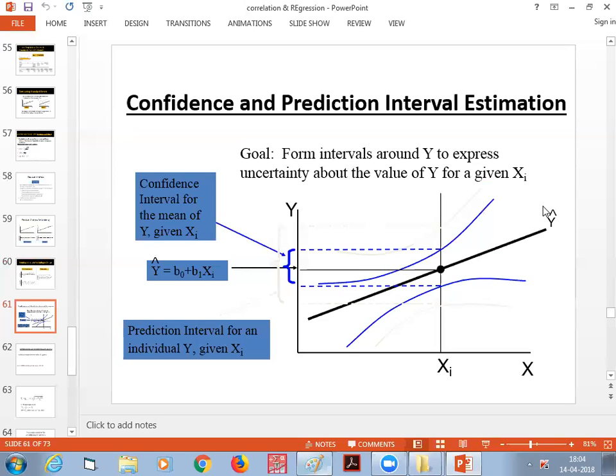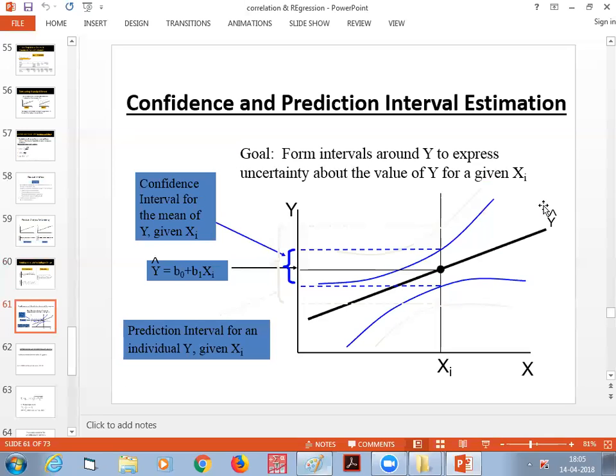Now, the values falling above or below around that one, that is taken as a confidence interval for the mean value of y. We are not exactly finding the interval for the y value. We are trying to find the mean interval: on an average, what is the range for y value for a given value of x?